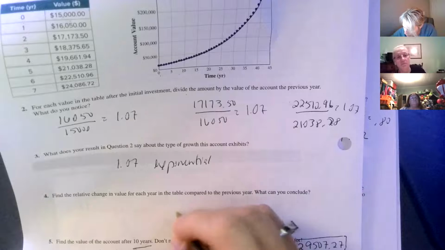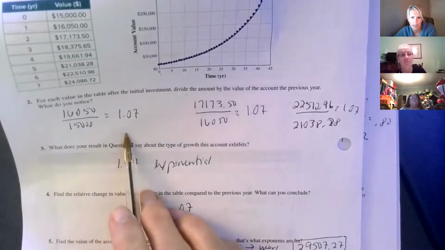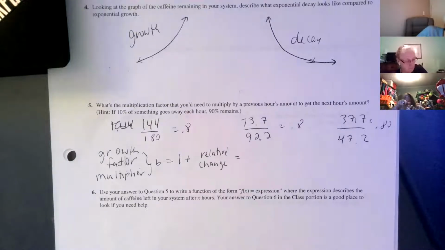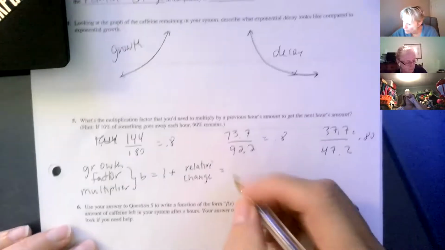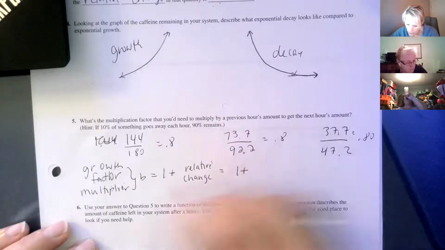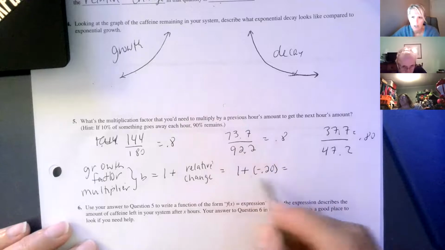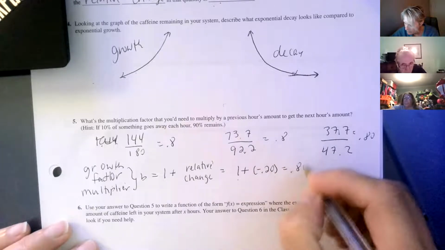We could see that our multiplier was 1.07, and we said our relative change in question number 4 was 0.07. So if you add 1 to it, you get your multiplier. And that would make sense, because here our relative change was a negative 0.20. And if we take 1 plus a negative 0.20, we get 0.8.